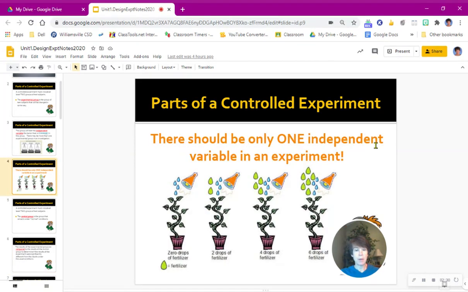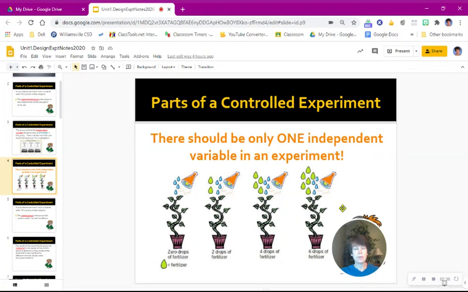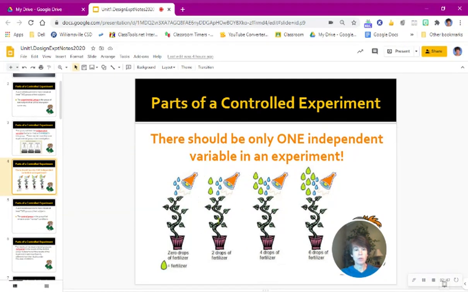There should be only one independent variable in an experiment. So in this experiment here, where we're adding some fertilizer to some plants, there's only one thing that we're changing in each of the experimental groups, which is the amount of fertilizer.